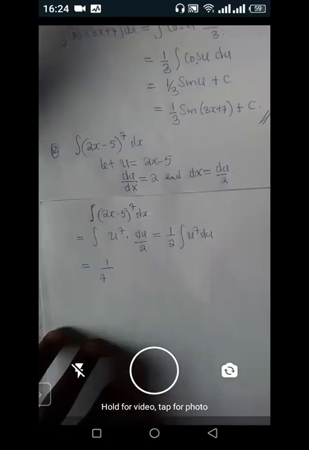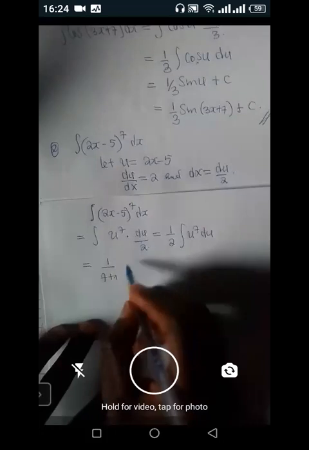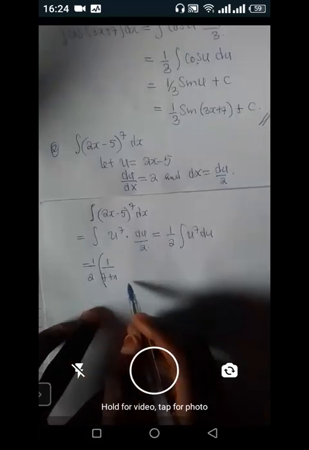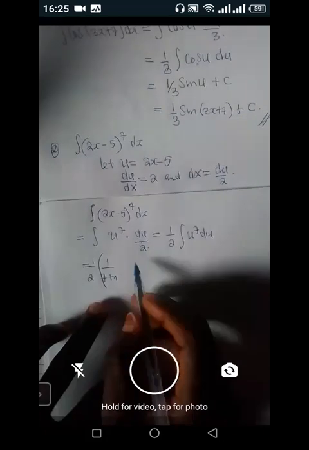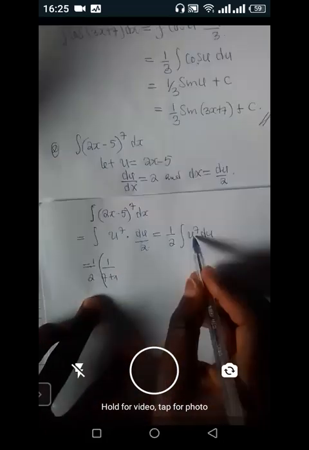And then you're going to get 1 over 7 plus 1. You have a 1 over 2 outside here, and this 1 over 2 is only being multiplied to this one.